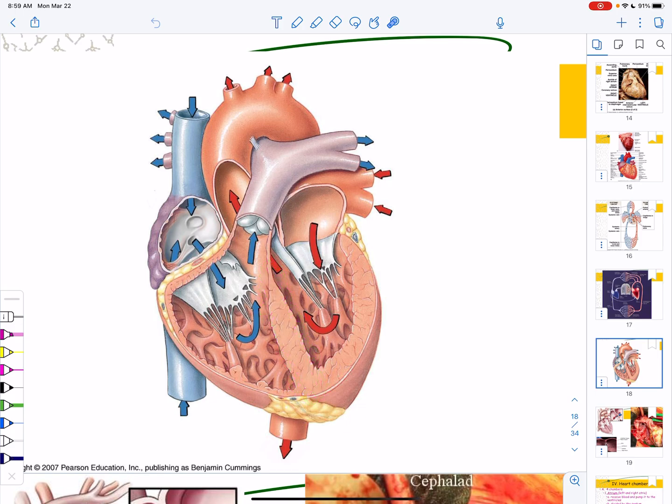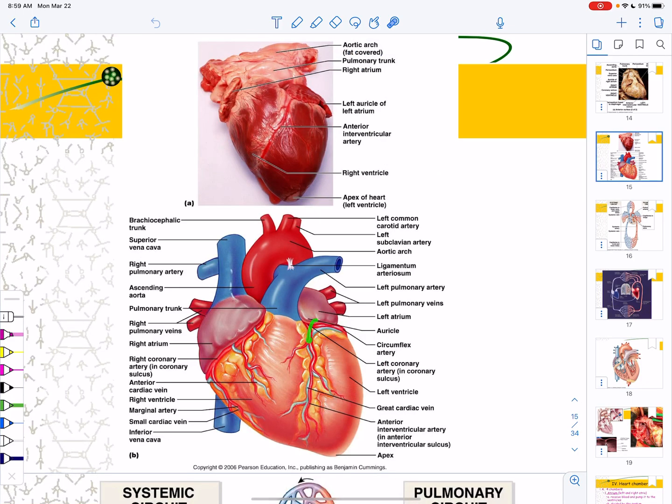Otherwise, we just have an open chamber here that fills with blood. Okay, we don't need blood vessels to carry blood to the open chamber as much as we need blood vessels to carry the blood to all of those heart muscle cells, those cardiac cells.